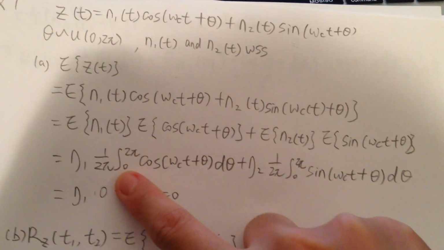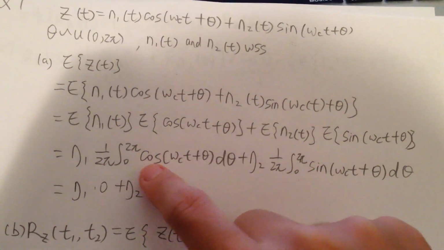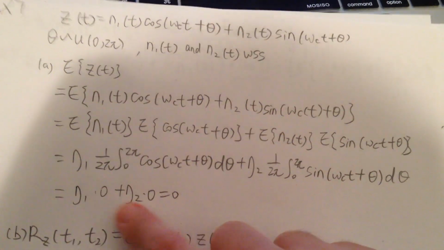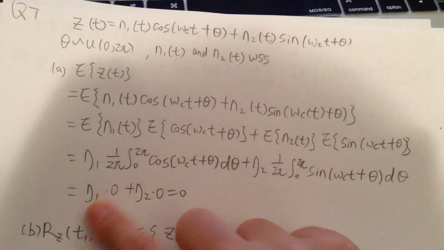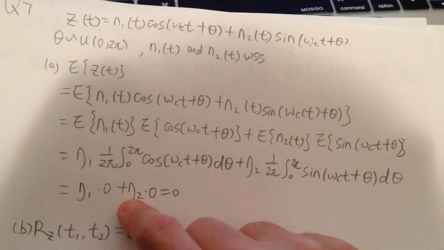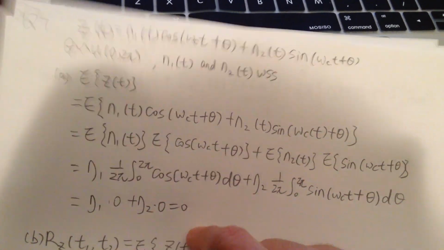Because the integral over one full circle, no matter the cosine or the sine function, is 0, this equals E1 times 0 plus E2 times 0. So the answer should be 0.